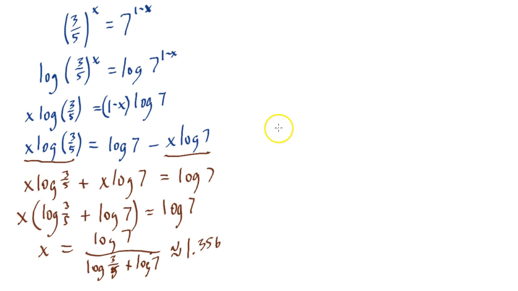If you have a TI-83, or something similar, you have log of 7, and then you'll want to divide by, and then put parentheses, and then do log of 3/5, which is 0.6. You can just do that, plus log of 7, close parenthesis, and that should give you 1.356.